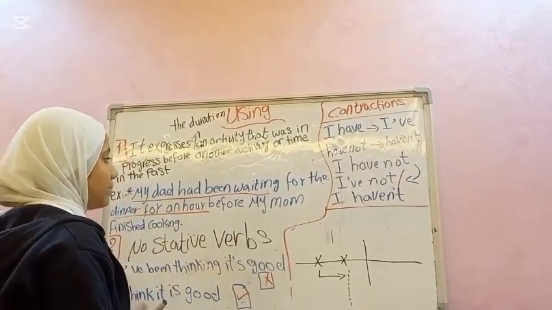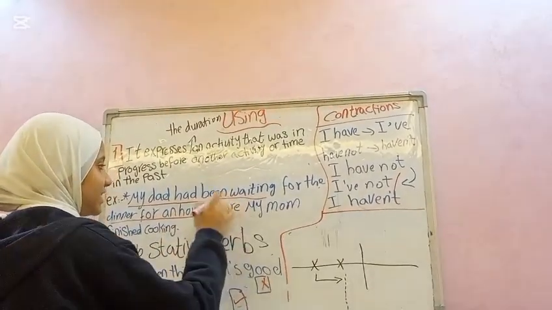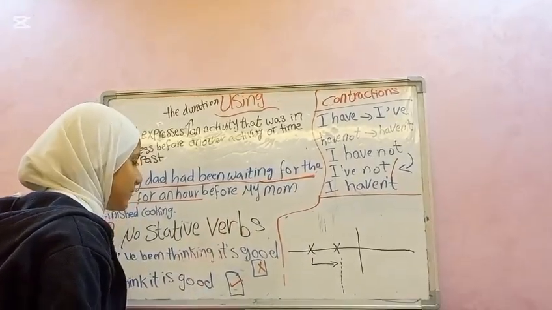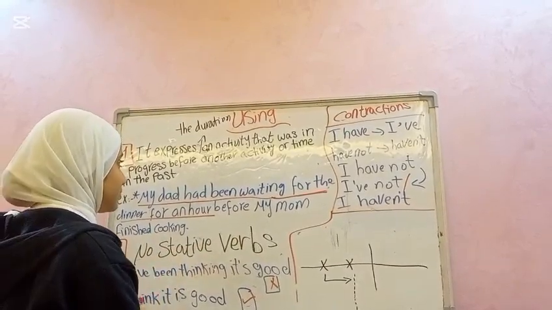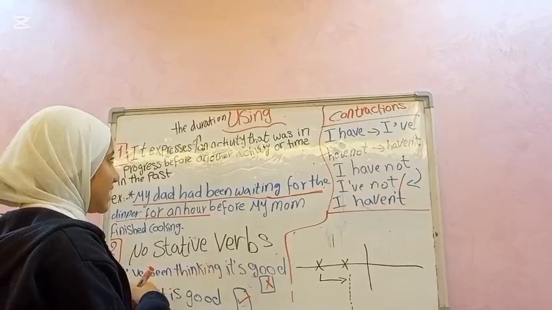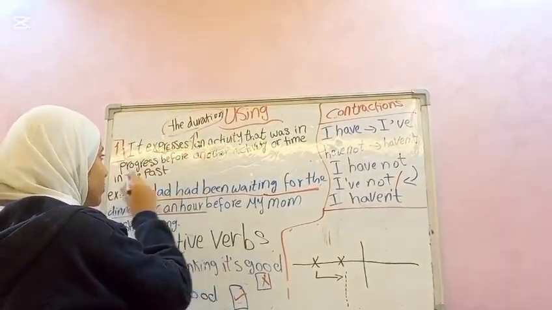My dad had been waiting for the dinner for an hour. This is the sentence in a past perfect progressive tense. Before my mom finished cooking. The past perfect progressive tense expresses the duration of an activity that was in progress.